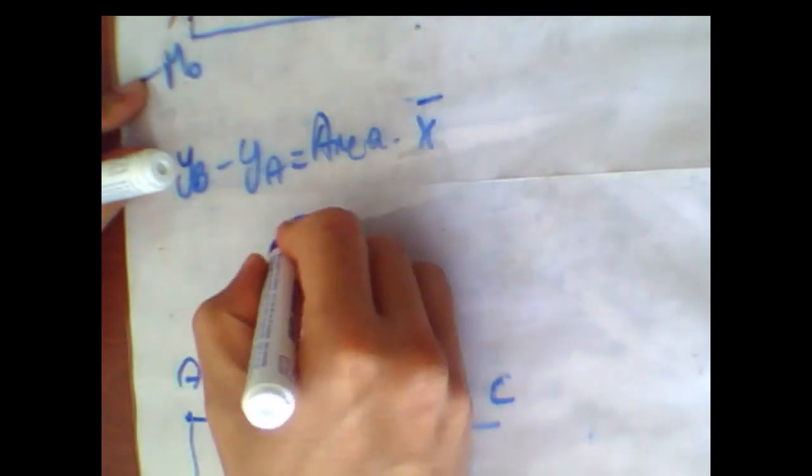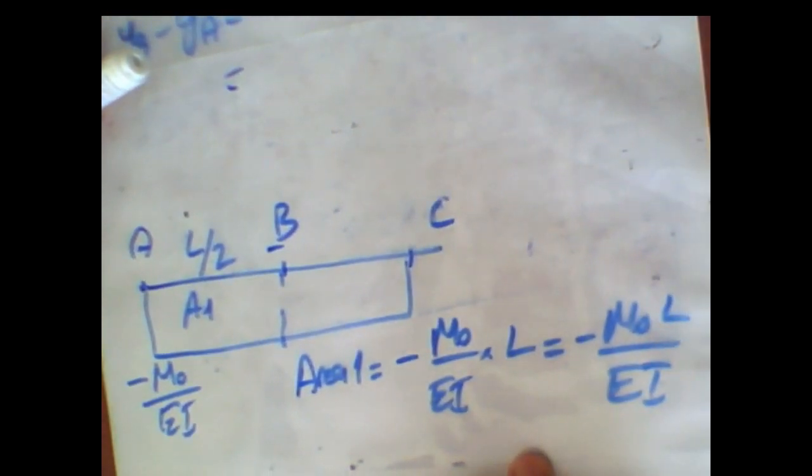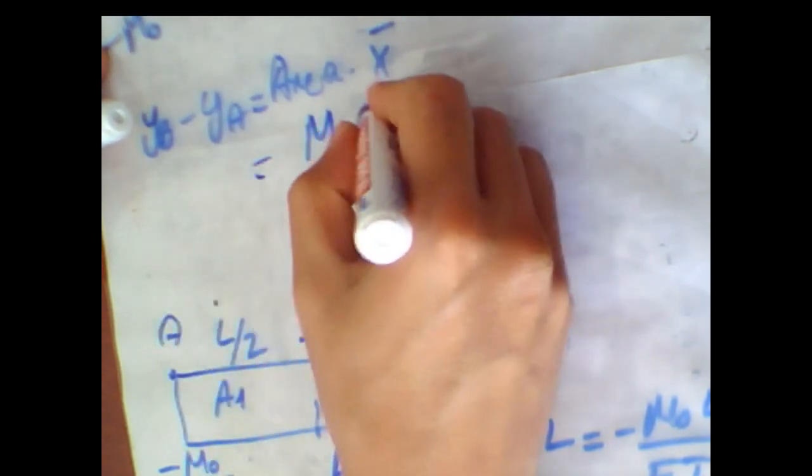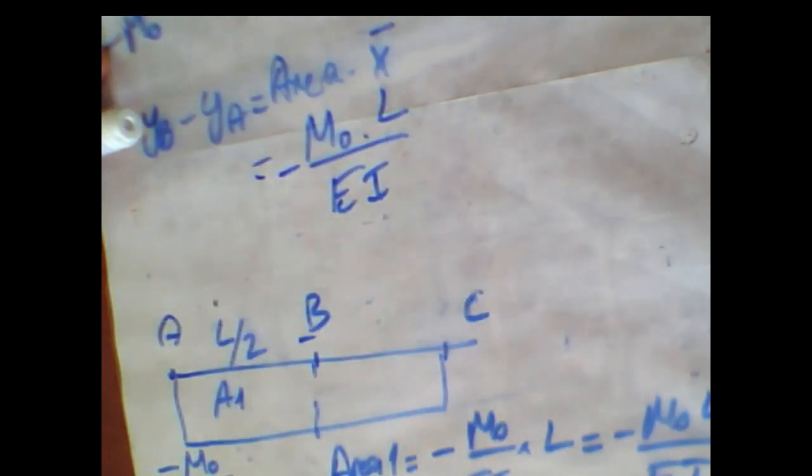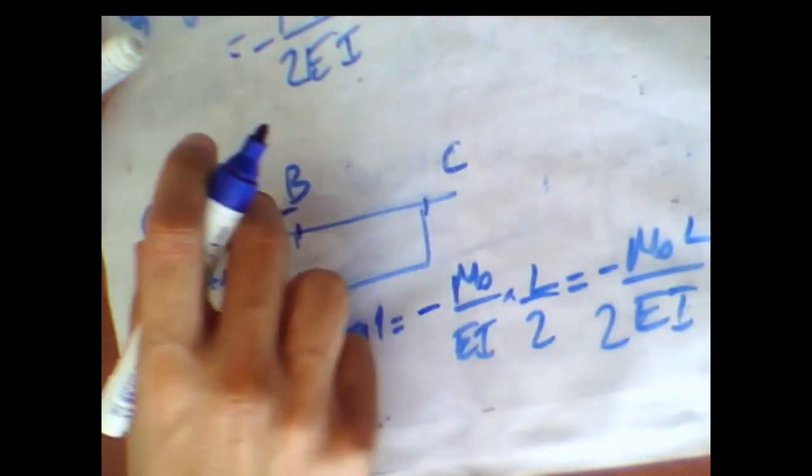So what is the area? I already calculated it here: minus M0 times L over EI. I'm sorry, I forgot the L over 2. Sorry, the length is L over 2.